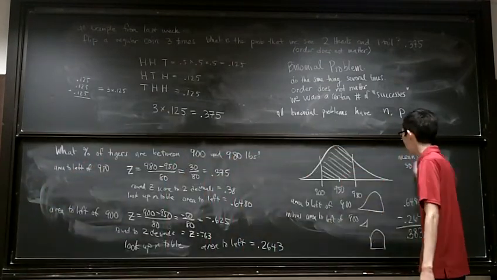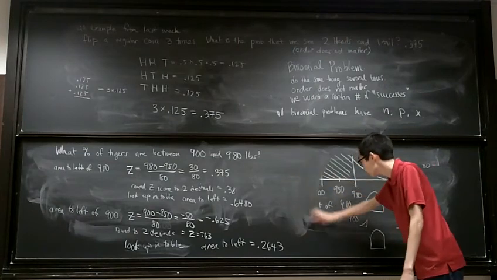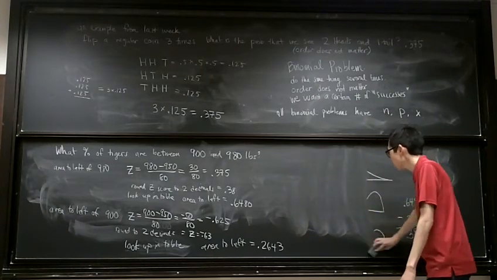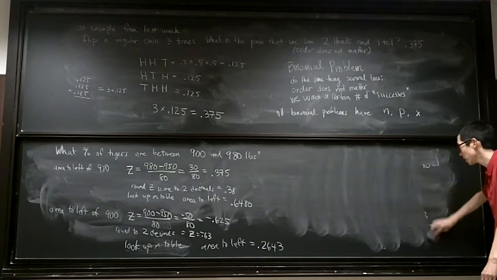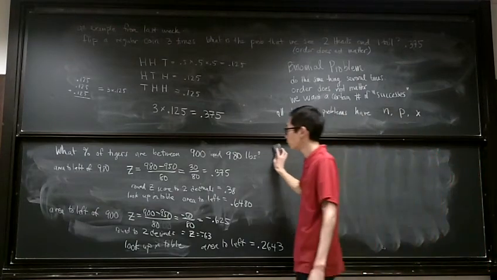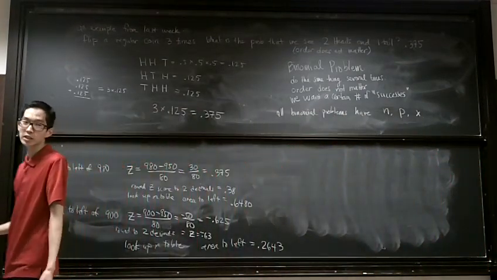Alright, so in our case, well, actually, not just in our case, N is the number of times you repeat the same thing, the number of repetitions. We flipped a coin 3 times, so our N is 3.